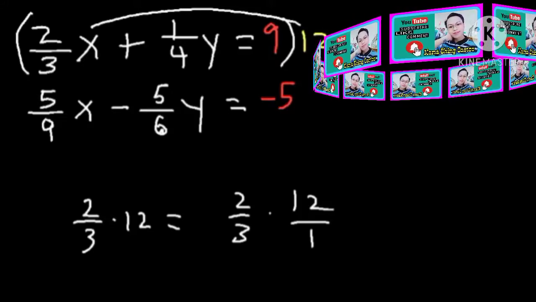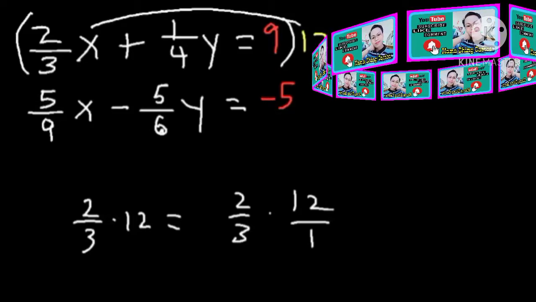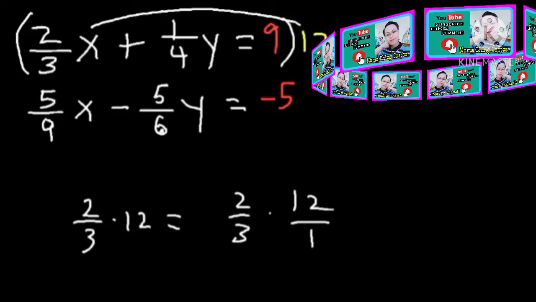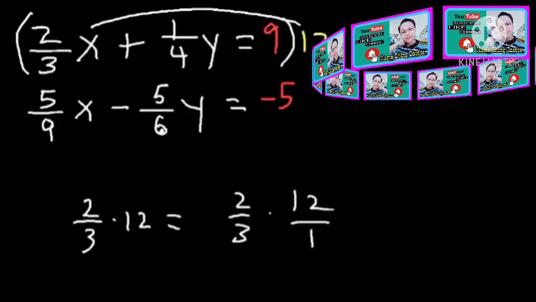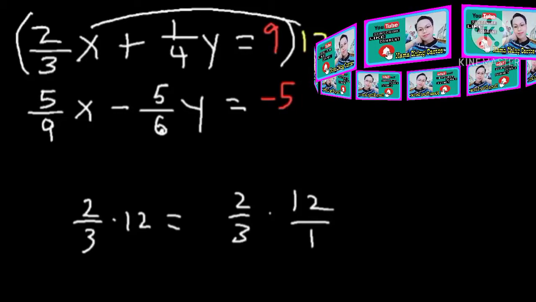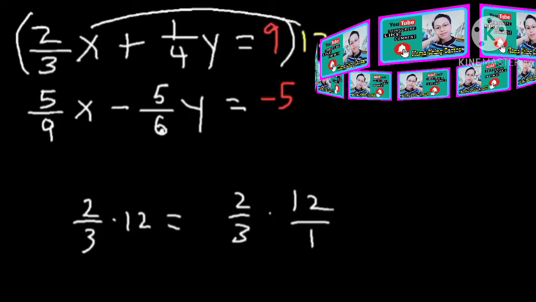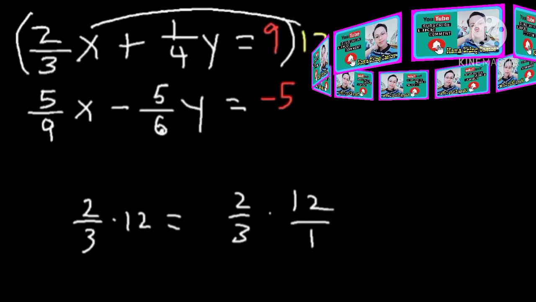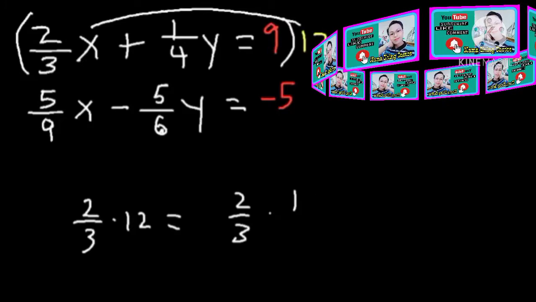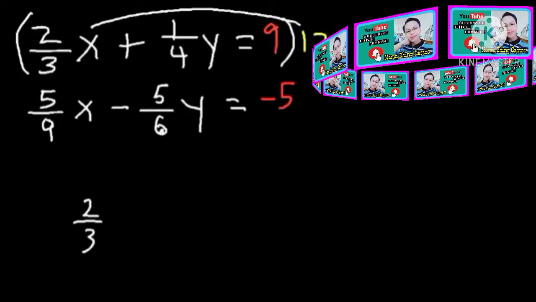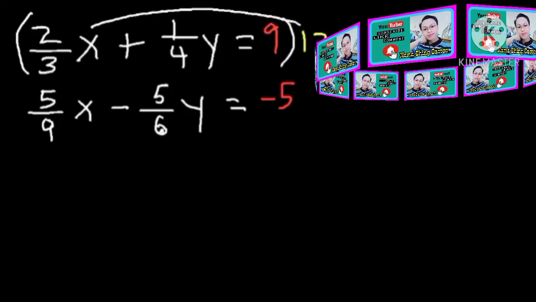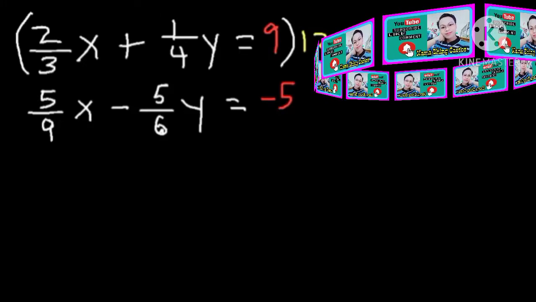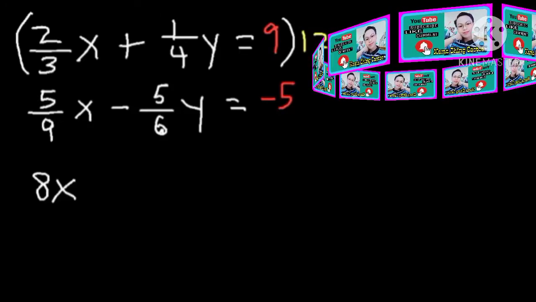If the numbers are large, it's easier to divide first to get a smaller number and then multiply. 12 times 2 is 24, and 24 divided by 3 is 8. Well, 12 divided by 3 is 4, and 4 times 2 is 8, so either way you get the same answer. And then we add an x in front of it. So 2/3 x times 12 is equal to 8x.